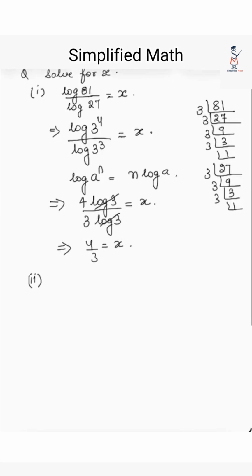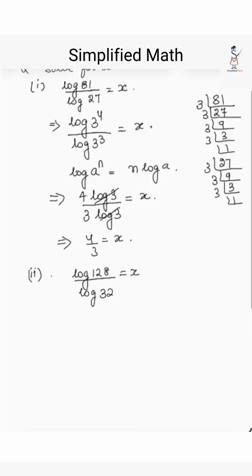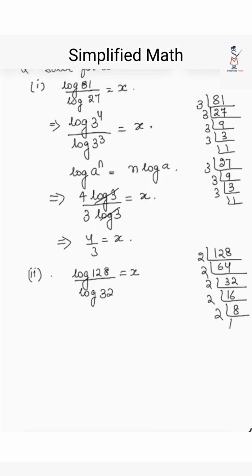Now we will see the second one, that is log 128 by log 32 is equal to x. Same way we will factorize 128. 128 can be factorized with 2. So this will become 64 and 32, 2, 16, 2, 8, 2, 4, and this comes.